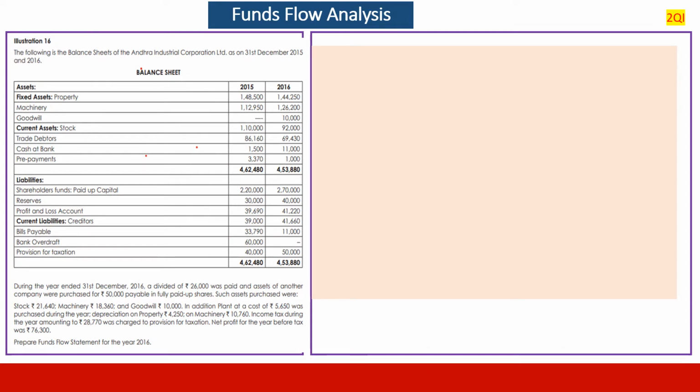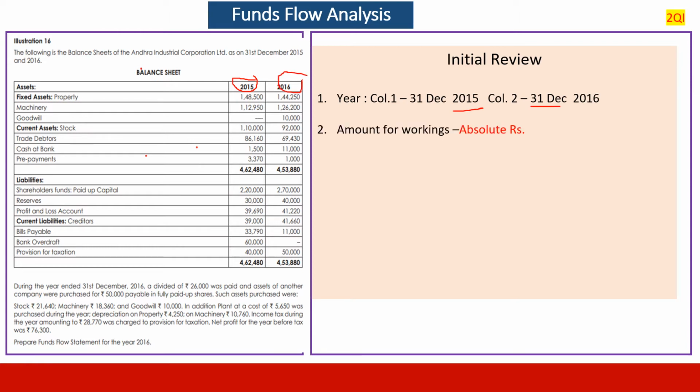Let us start from the beginning. Under initial review, column number 1 is the previous year 2015, and 2016 is the current year. We have to take the amounts as absolute rupees.